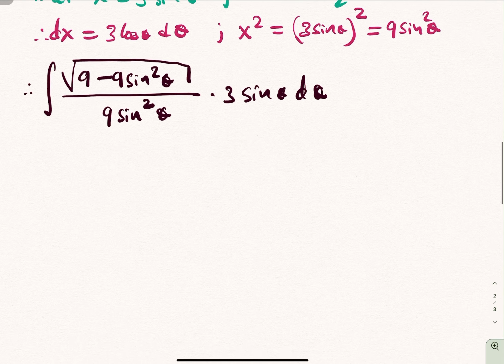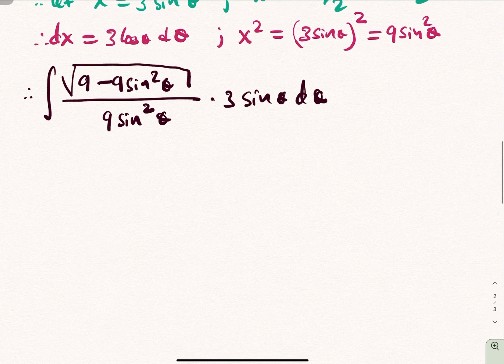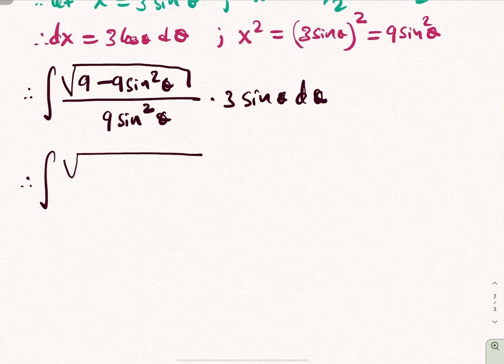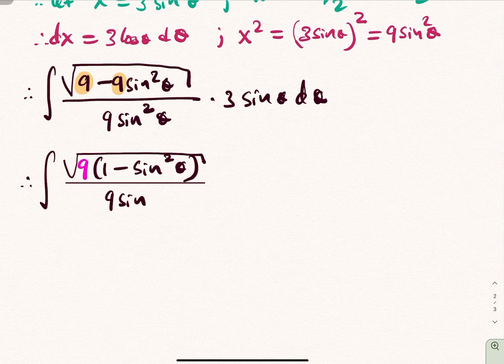I want you guys to see something. From here, it's a basic integral. That is really going to be equal to the integral of that square root. You can factor out your 9 because it's common. If I take it out, I'm going to have 1 minus sine squared of theta. I close that. I divide this by 9 sine squared of theta.